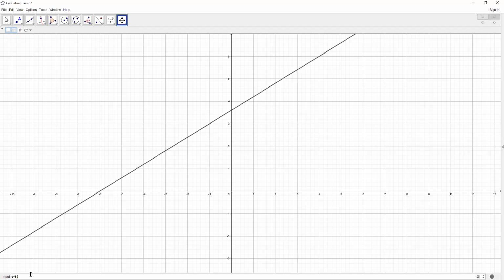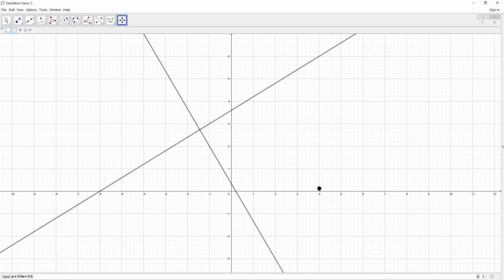So -5 divided by 3, and then we have x, and then plus. I probably don't need to put the 1/3 in parentheses, but just to be consistent with what I said before, I'll do that. So 1 divided by 3, and you probably noticed that as I was typing, it was drawing this other line here.